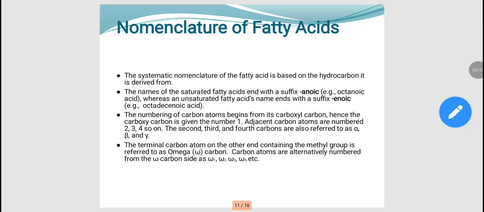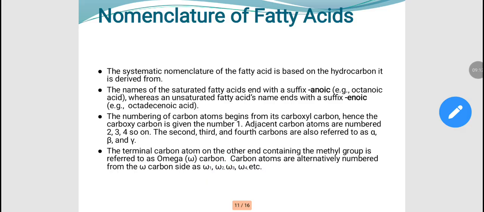Next, nomenclature of fatty acids. The systematic nomenclature of fatty acids is based on the hydrocarbon. The names of the saturated fatty acids end with the suffix anoic, for example, octanoic acid.